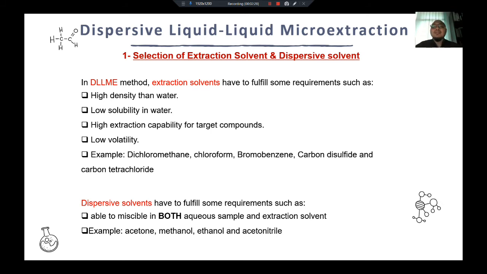After we have properly dispersed it, we centrifuge it so it can sediment to the bottom. Examples here are acetone, methanol, ethanol, and acetonitrile. These are examples of the dispersive solvent.